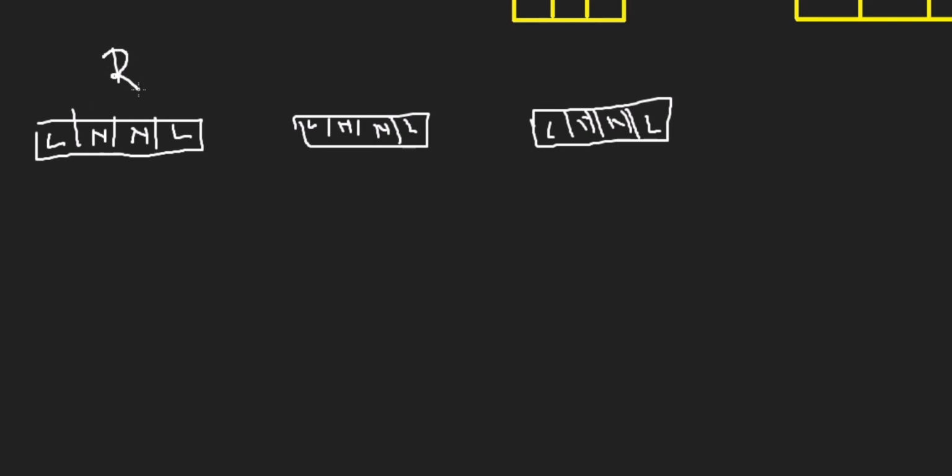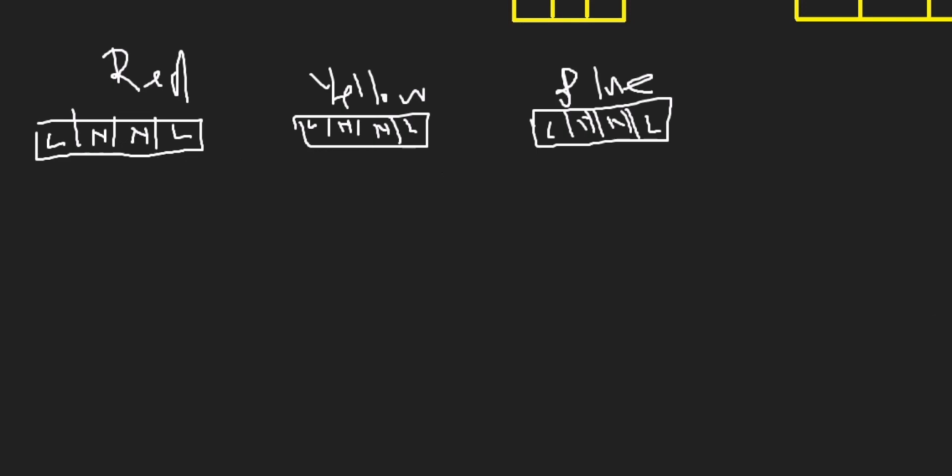So one is for red phase because it's three-phase, then one for yellow or white phase, and then one is for blue phase. But if you're single phase, just use one energy meter.